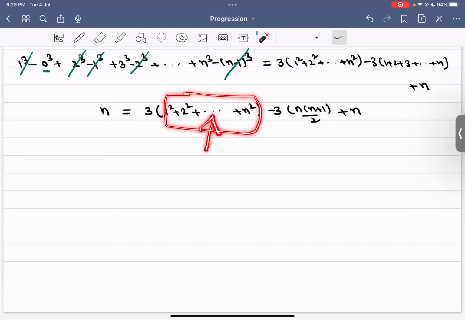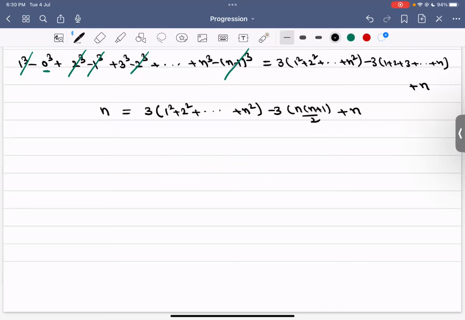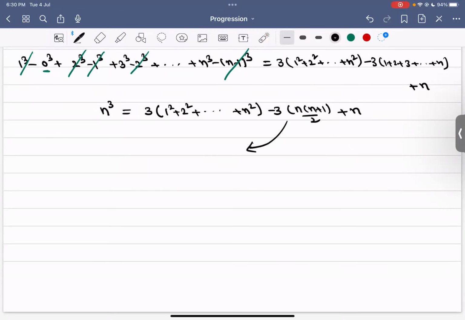So isolate this one. For that, you take out this term and this term from the left hand side. Otherwise, oh, the left hand side is n cube actually. It's not n cube. So now you take out these two terms from the left hand side. Then what you get?